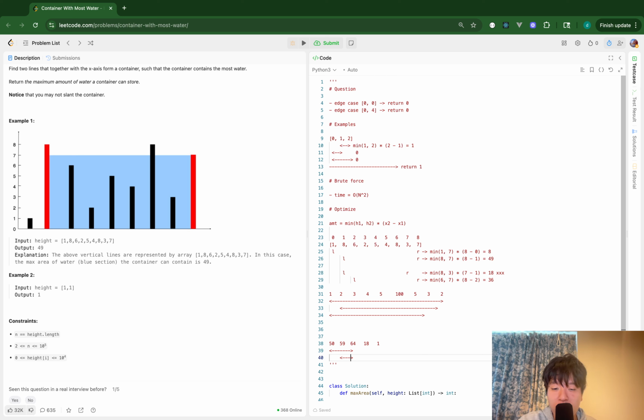After that, I don't have to move the right pointer anymore because it just decreases the amount of water. Good.